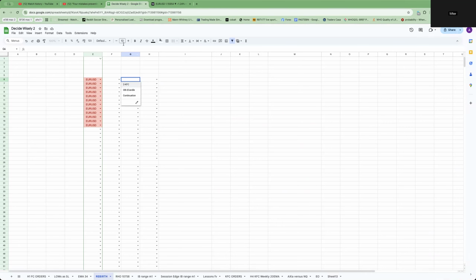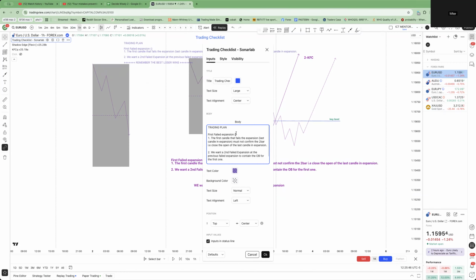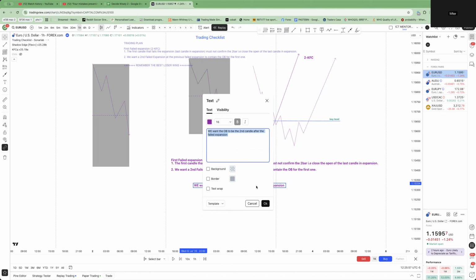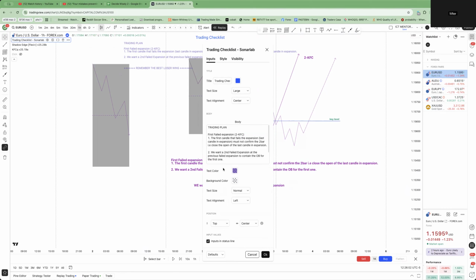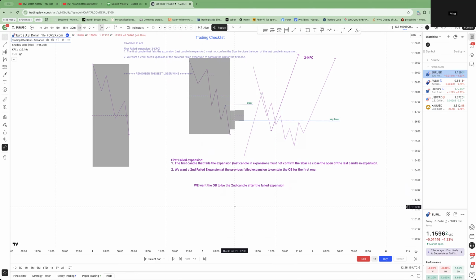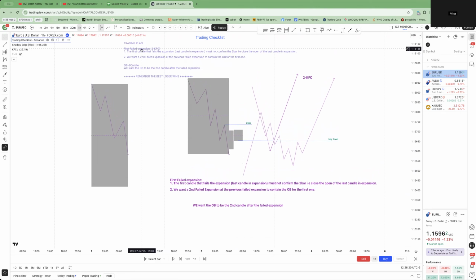Sorry, guys. 2 KFC will be 2 candle. 2 KFC. Bam. And then we copy this, come back here, paste this and call this OB candle. And that is all.